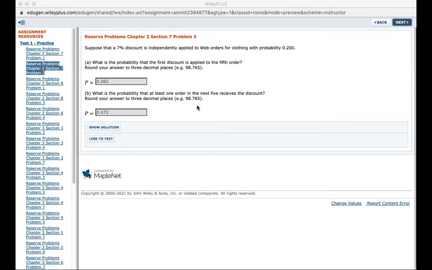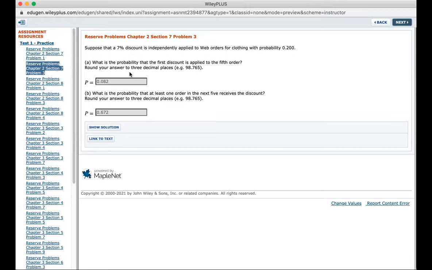Let's see the next problem. Chapter 2.7, it's actually the second problem, but the problem number is 3. Suppose a 7% discount is independently applied to web orders for clothing with probability 0.2.